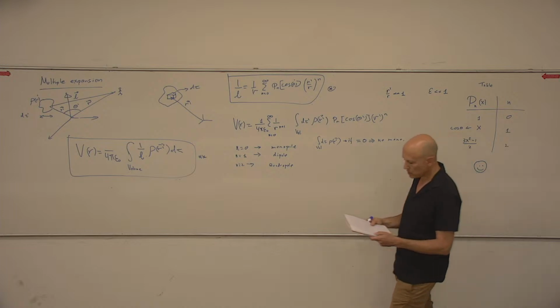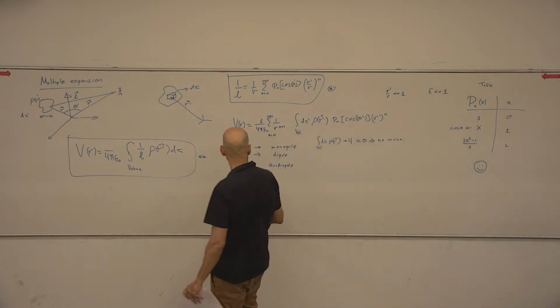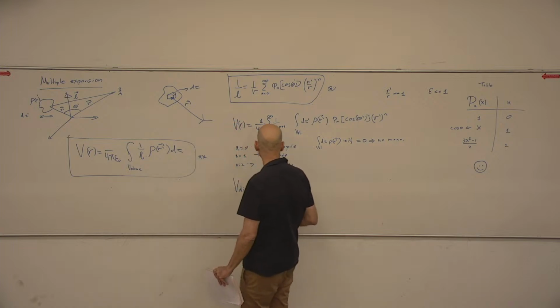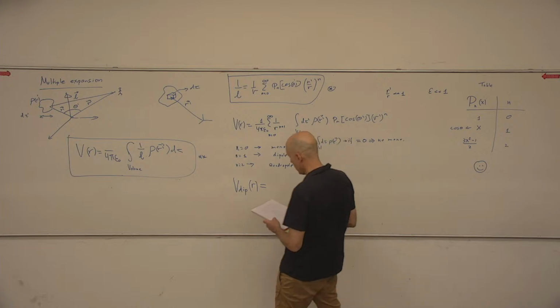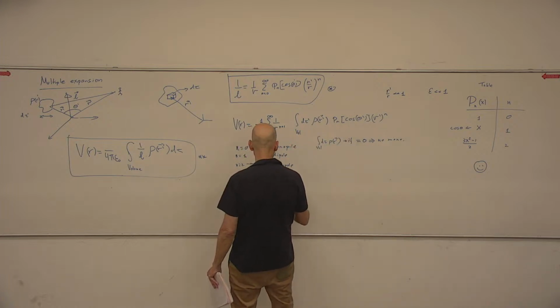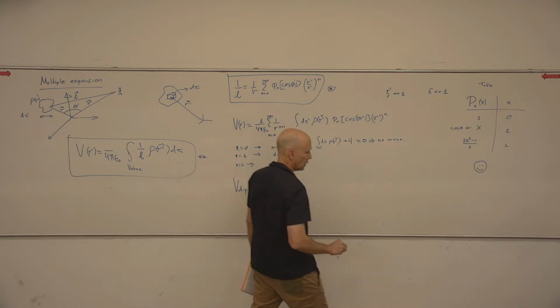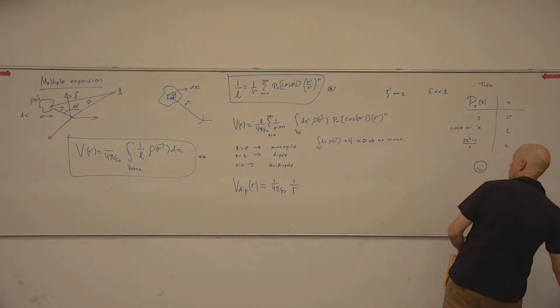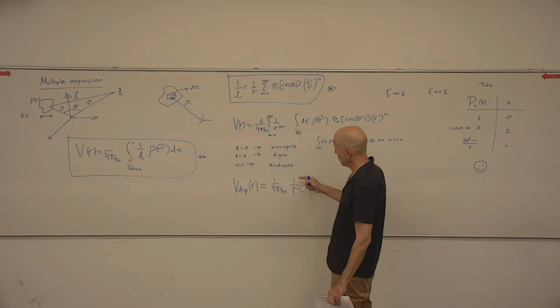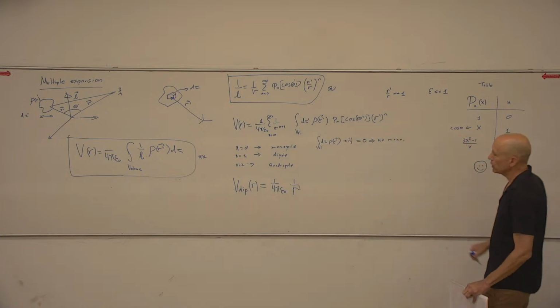And this is the dipole, V dipole. It depends on r. If you want the definition, it's just the second term in this expansion. It's 1 over 4 pi epsilon 0, 1 over r to the power 2, which was exactly what we had before, the Coulomb potential 1 over r, and this is 1 over r to the power 2.